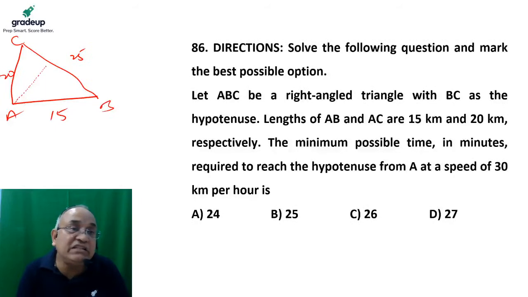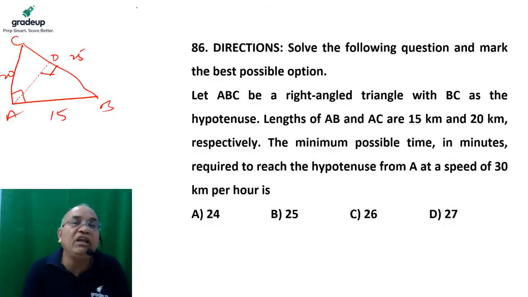The least distance from this vertex where the right angle is to the hypotenuse is the perpendicular drawn from A to side BC. Let's say this is AD. So AD is the perpendicular. If we travel perpendicularly from A to D, we can cover the least amount of distance, so we will take the least amount of time.